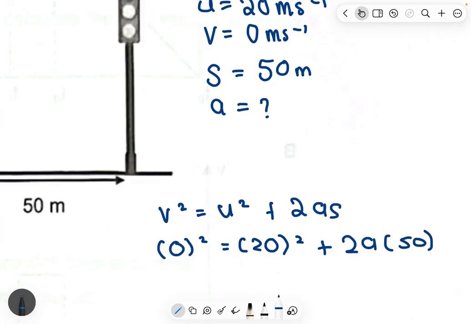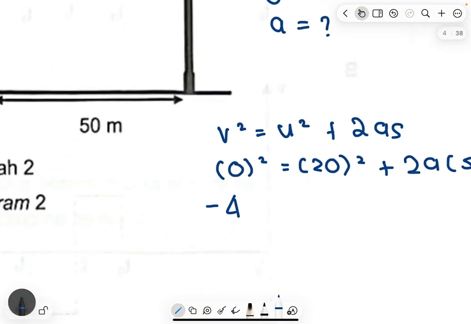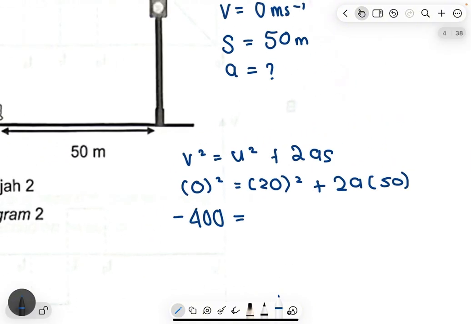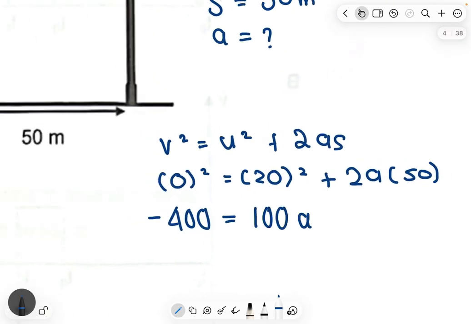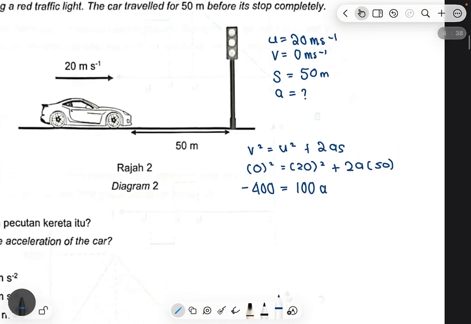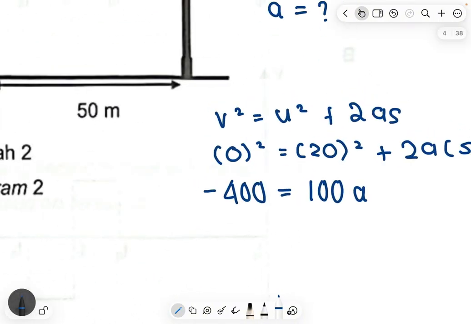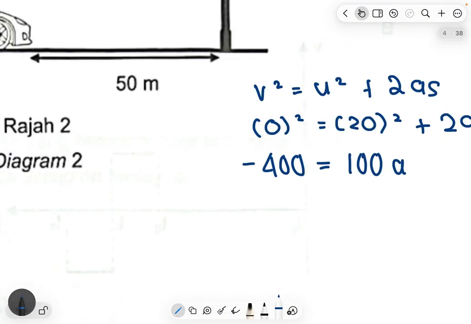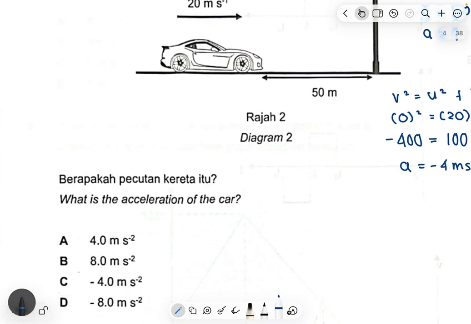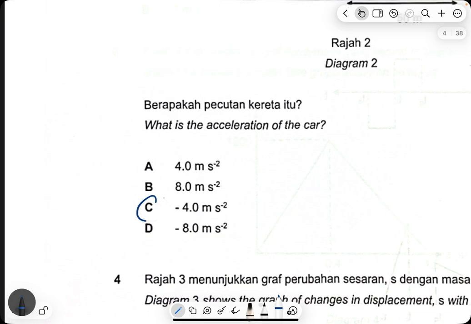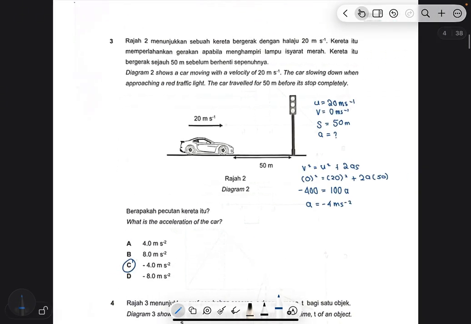So click your calculator and you'll get negative 400 is equal to 2 times 50, 100. So a is equal to negative 4 m s^-2. Is the answer C? Yep.